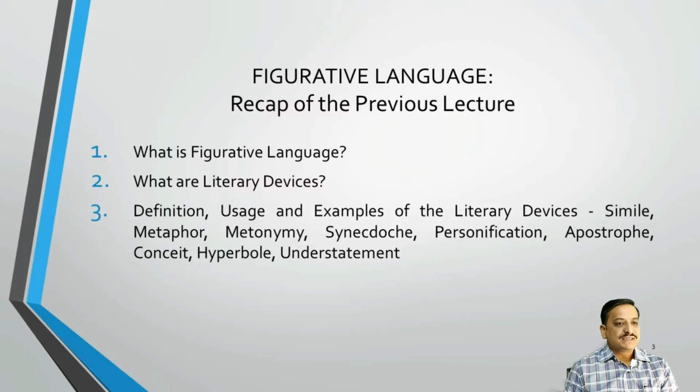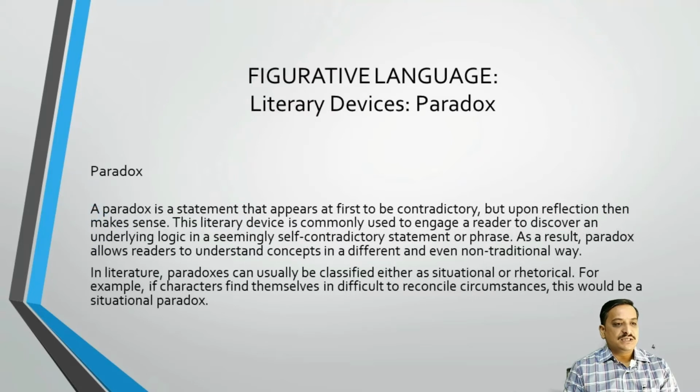We have also studied various literary devices in the last class, such as simile, metaphor, metonymy, synecdoche, personification, apostrophe, conceit, hyperbole, and understatement. And today, the first literary device which we are going to deal with is the paradox.